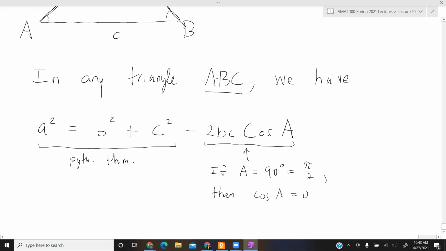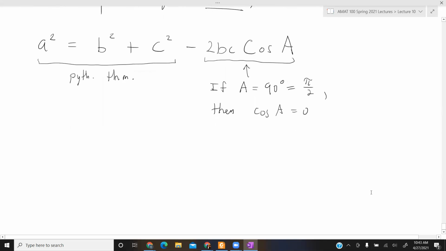The formula we're all hopefully familiar with at this point. So if A is a 90-degree angle, in other words, if you're dealing with a right triangle, you actually get the Pythagorean theorem. You don't have to worry about this correction term here. You don't have to subtract anything off because that term is just 0. So this is the first equation.